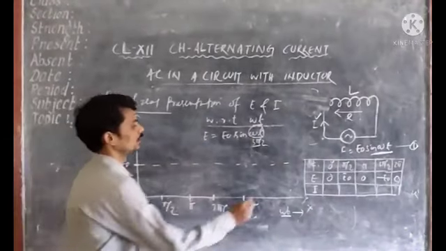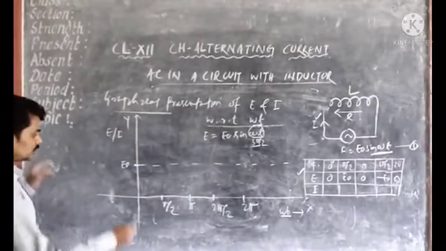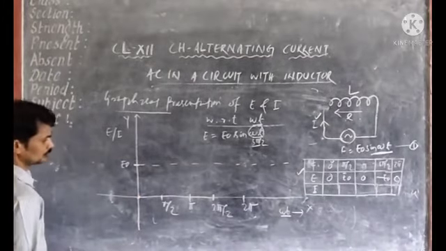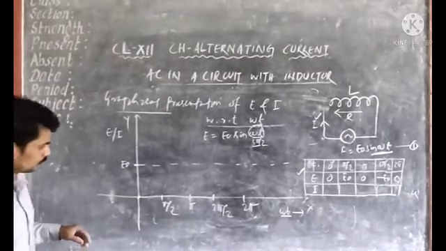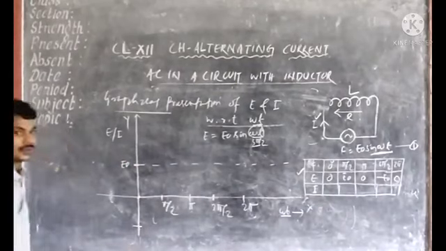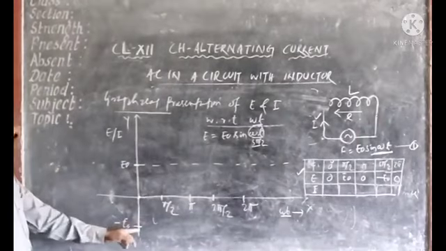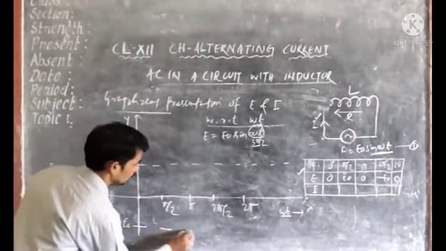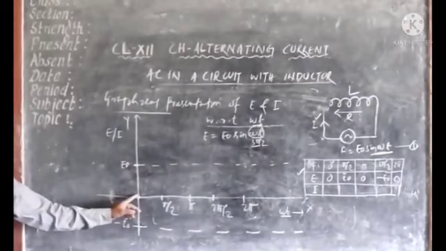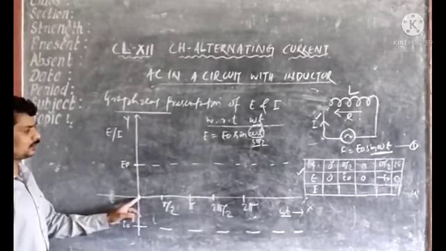Okay, so let's plot the graph for E is equal to E naught sin omega t. So first it will be 0. Then for the negative maximum value, let's take it on the negative y-axis, and this will be the line. Then when phi is equal to 0, the EMF is equal to 0.